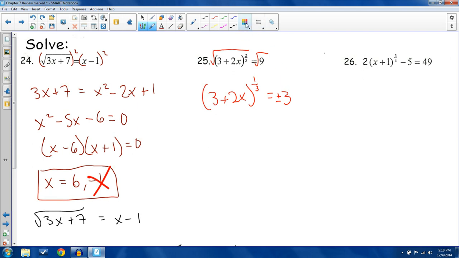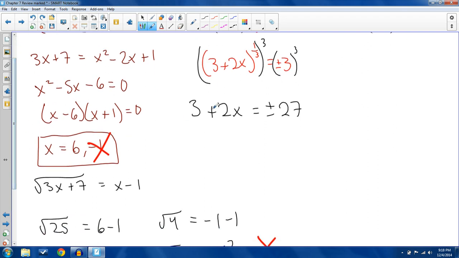Now, when we cube this guy right here, let's go and raise this to the 3rd power, like that, raise this to the 3rd power, this is 3 plus 2x equals plus or minus 27. Remember, it is plus or minus. You cube a number, the negative becomes the negative. At this point, I like to split this up into two equations when you're dealing with the plus and minus.